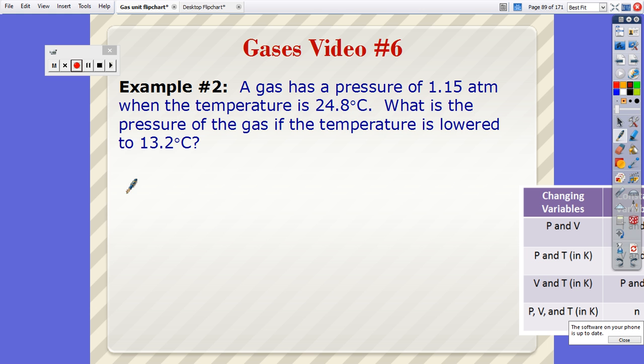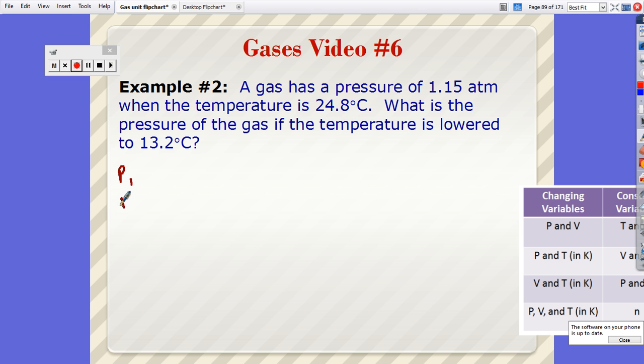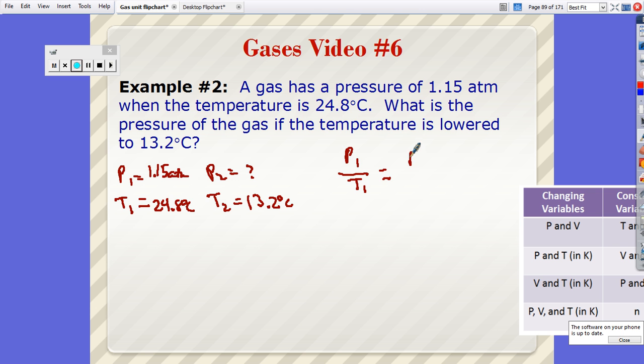Okay, in number 2, we also want to list our units. Since we have pressure and temperature changing, we're going to use the formula P1 over T1 equals P2 over T2.